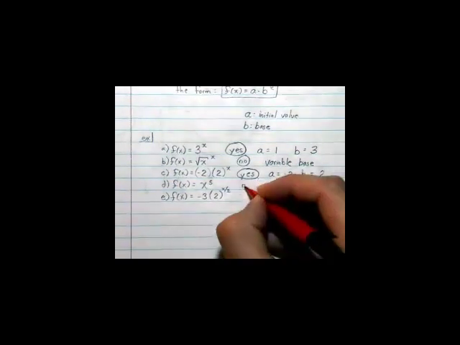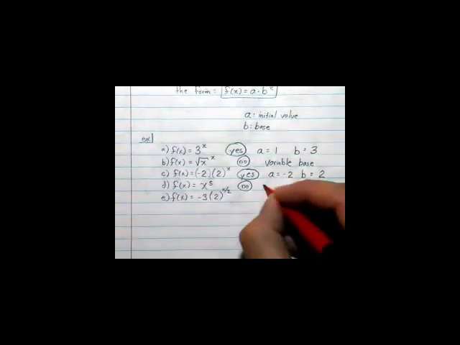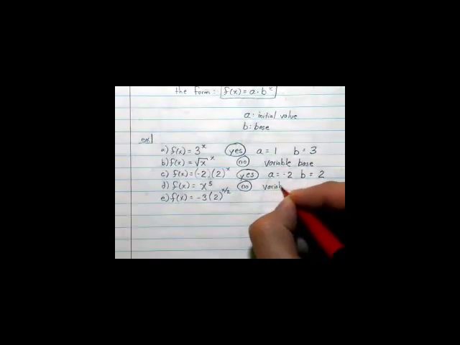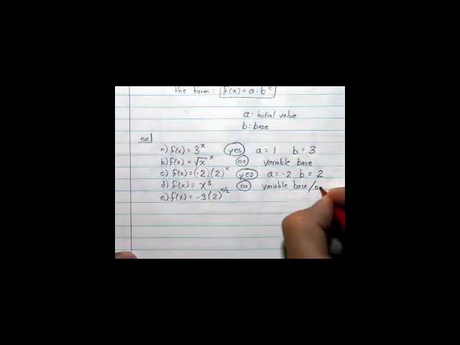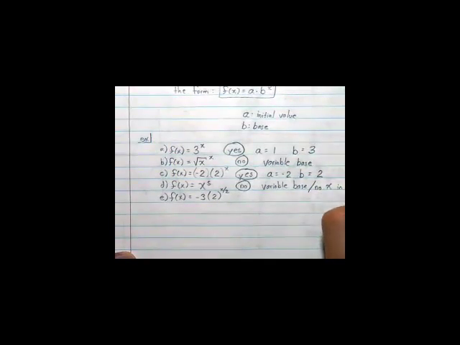Is that exponential? No. Why is it not exponential? Again, variable base. x is not in the exponent, variable base. So, variable base, no x in exponent. For both of those reasons, that one doesn't work.